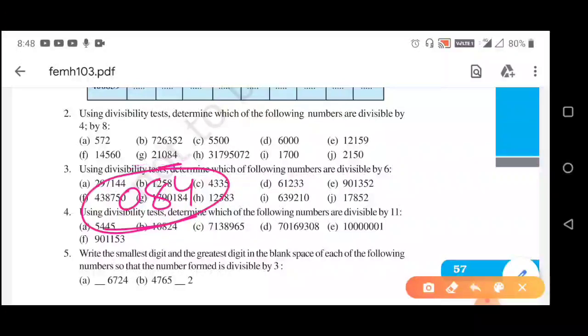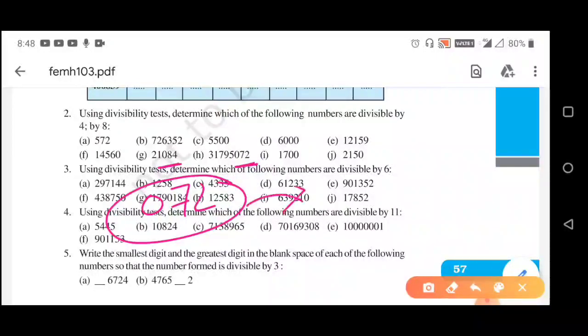Question number H, the number formed by last three digits is 72. So 72 is divisible by 8. That means the question number H is divisible by 8.